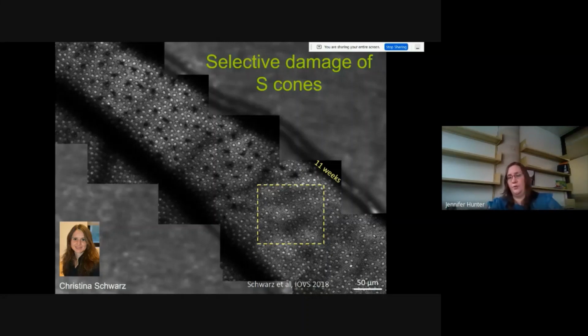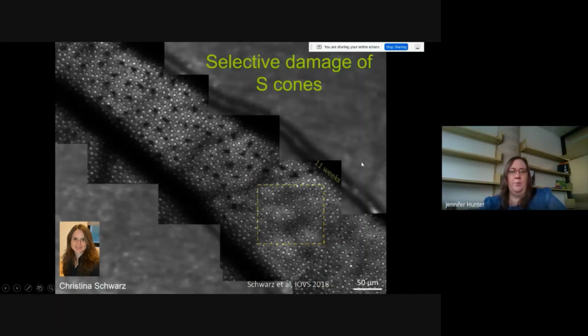And in fact, Christina was able to show with longitudinal imaging that cones had dropped out and that the rods had migrated in to fill the space. A really interesting thing to start thinking about what happens in our own retinas if certain photoreceptors are dying in a sparse pattern, how things should change, how the retina could look contiguous and healthy, even though it's missing, in this case, an entire subset of cones.